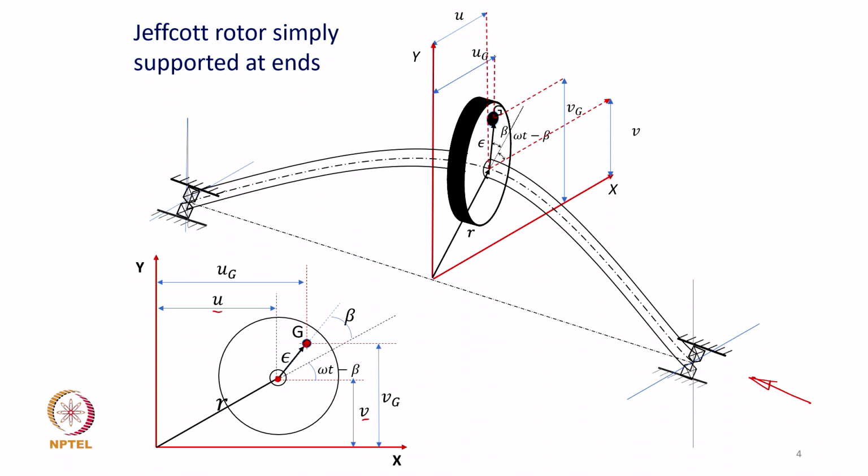Now, if we consider this disc as a free body with the mass located here, mx double dot, as Newton's second law gets applied, is mass times the acceleration, equal to all the forces acting in the direction of acceleration.